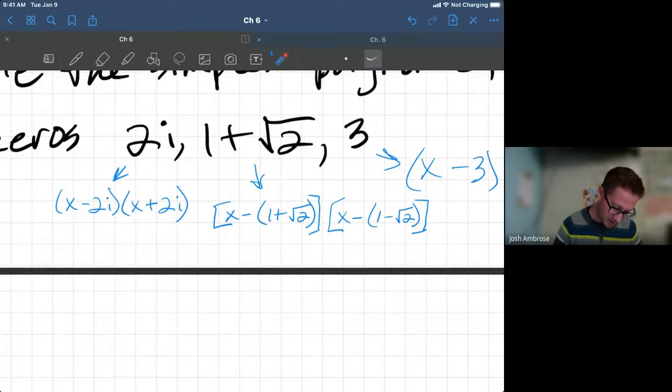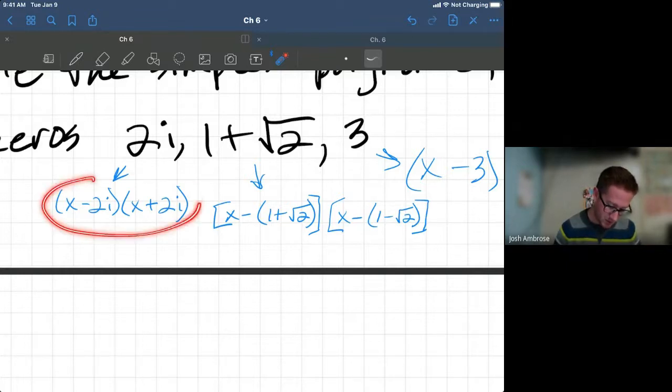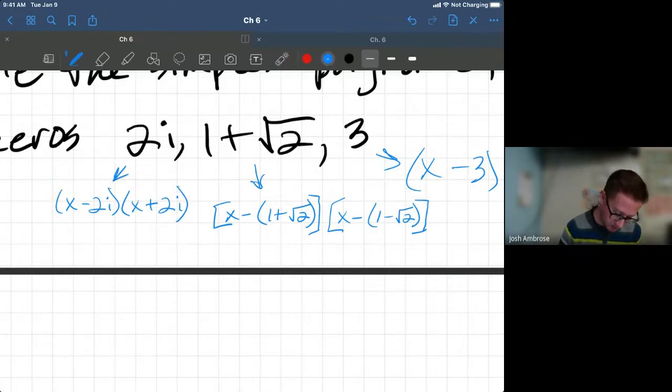Okay. So here is what this simplifies to. All right. I'm going to, again, try to save you guys a little bit of time. With this right here, we did this in the last chapter. So rather than show you every little tiny step, I'm going to show you what this will simplify to. All right. This will simplify into x squared plus 4.